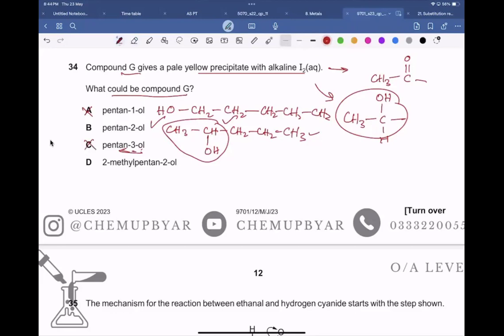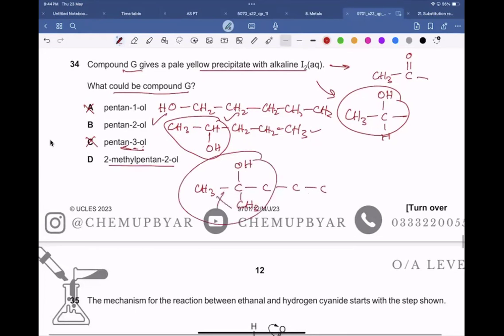So C goes wrong as well. And 2-methylpentan-2-ol: there are 5 carbons, 1, 2, 3, 4, 5. Over here, OH and 2-methyl. So see, it's not CH3CHOH, it is CH3CCH3OH. So D goes wrong as well. So B is the correct answer. Is this clear?